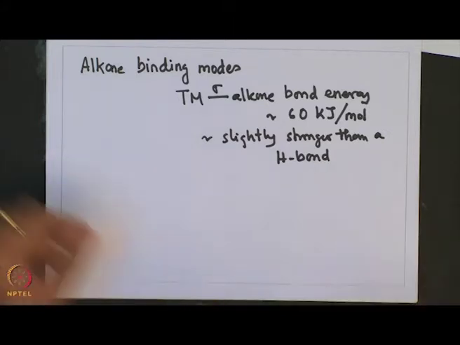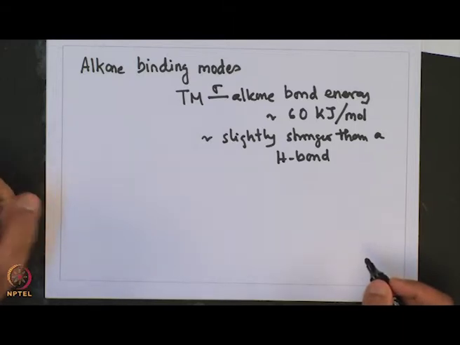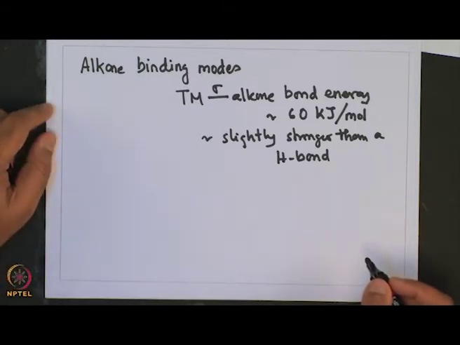Not only that, the binding of alkane to transition metal occurs via different modes. At least 5 different modes have been observed.